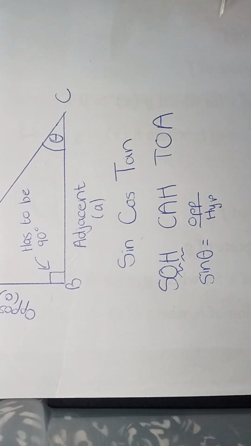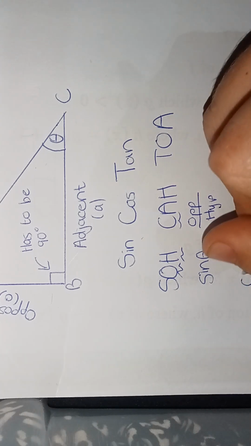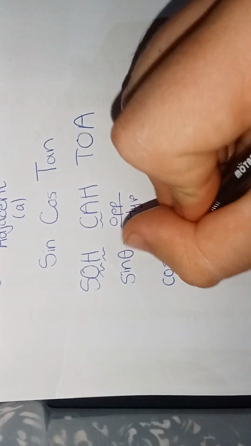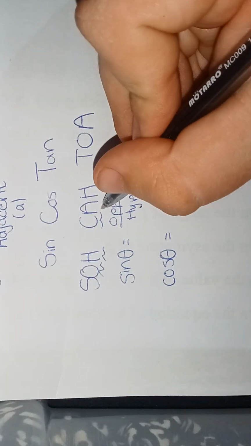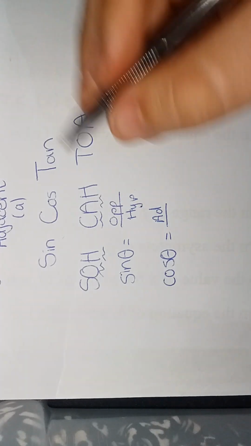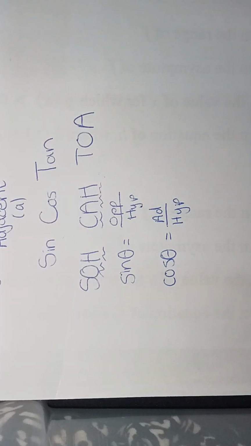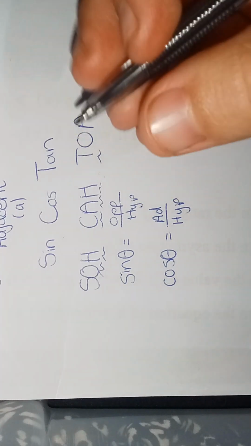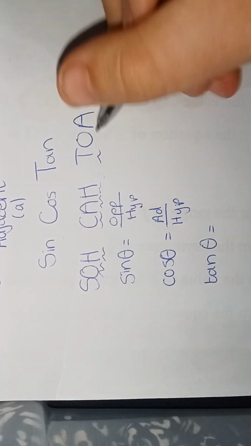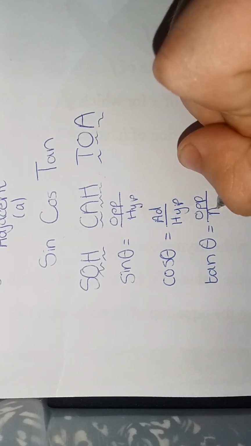Our cos theta is our adjacent over our hypotenuse. And then, of course, my favorite, tan theta, is our opposite over our adjacent.